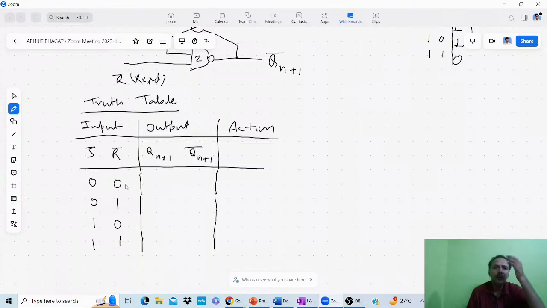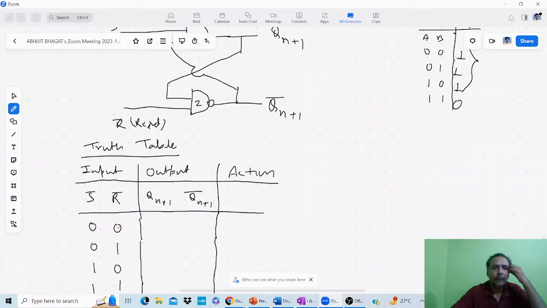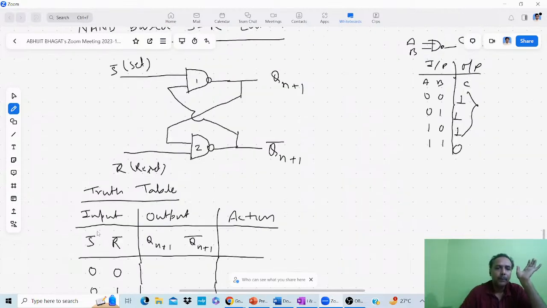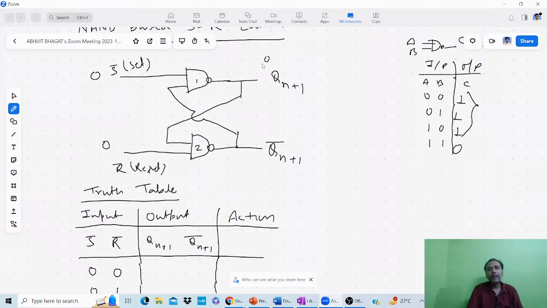Or we can start with 0 0. So when both are 0 0, S bar is 0, R bar is 0. In that case, suppose the previous output is, you can consider either 0 or 1, no issue. If it is 0 previously, then it will be 1. Now if it is 1 0, means this is 0.